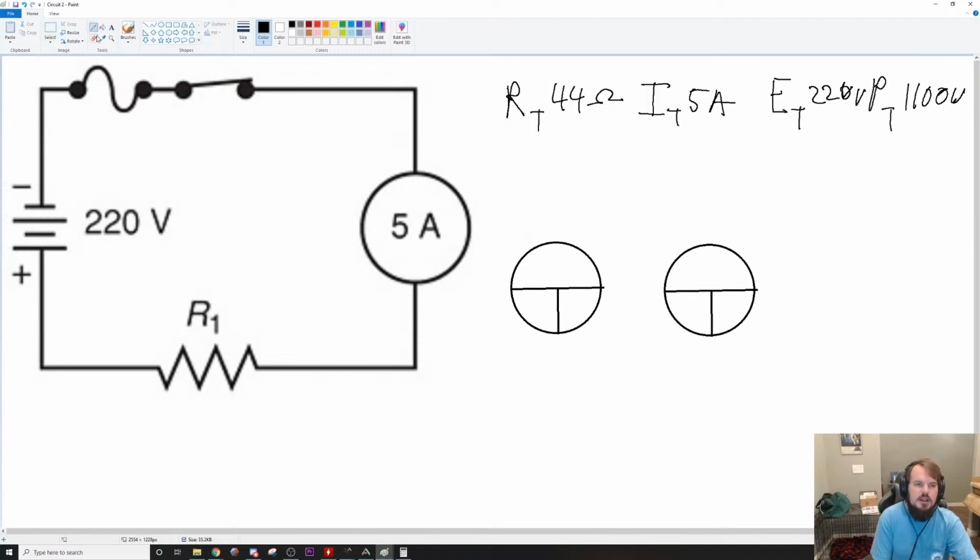Okay, now we'll mess it up with our handwriting. That's E-R-I and P-I-E. Those are the two formulas you really need. There are obviously way more formulas, but those are the two big ones.